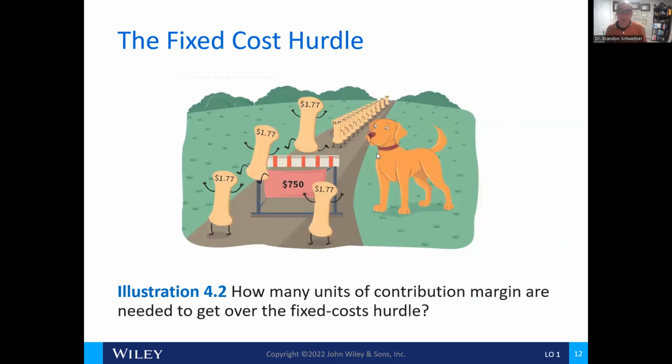We also need to understand what's called the fixed cost hurdle. This tells us how many units of contribution margin are needed in order to meet fixed costs.